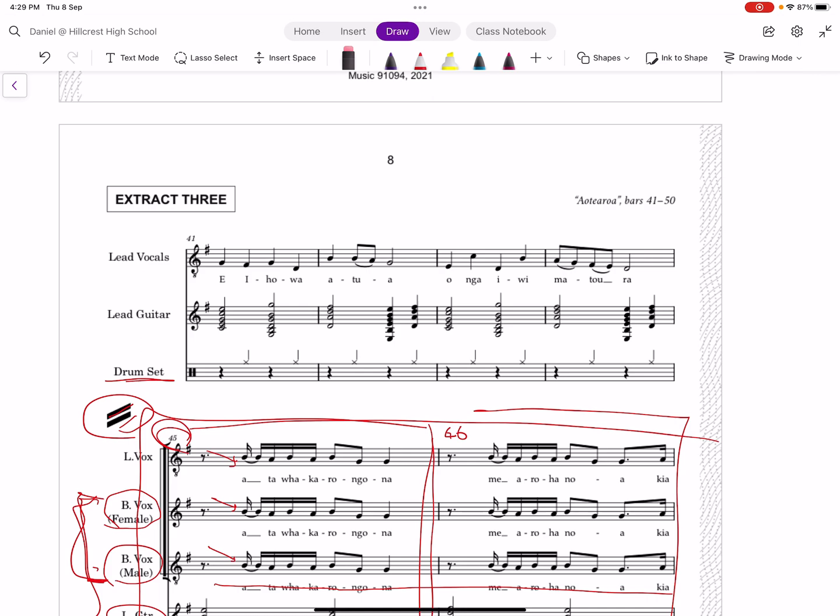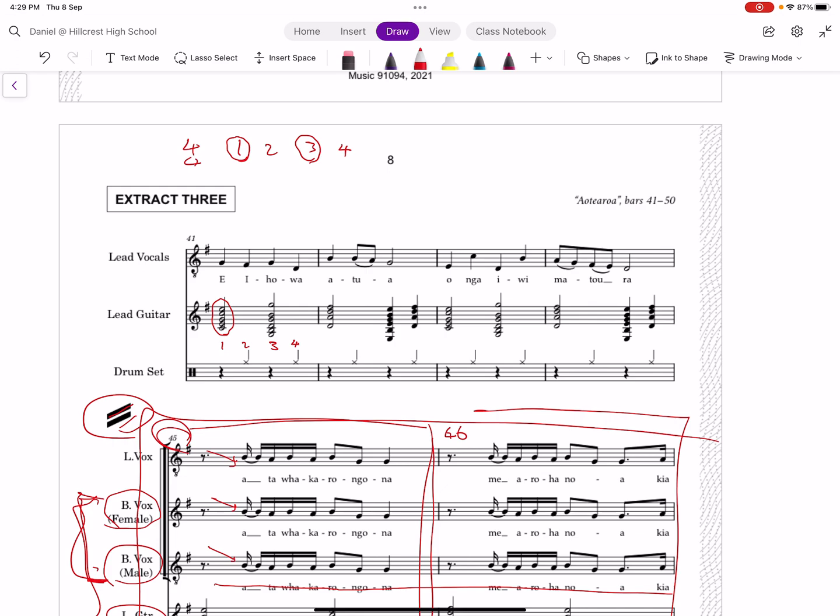Okay. The lead guitar is coming in beat 1 and beat 3. Remember, in 4/4 time, there are 4 beats per bar. The strongest beats are your 1 and 3.